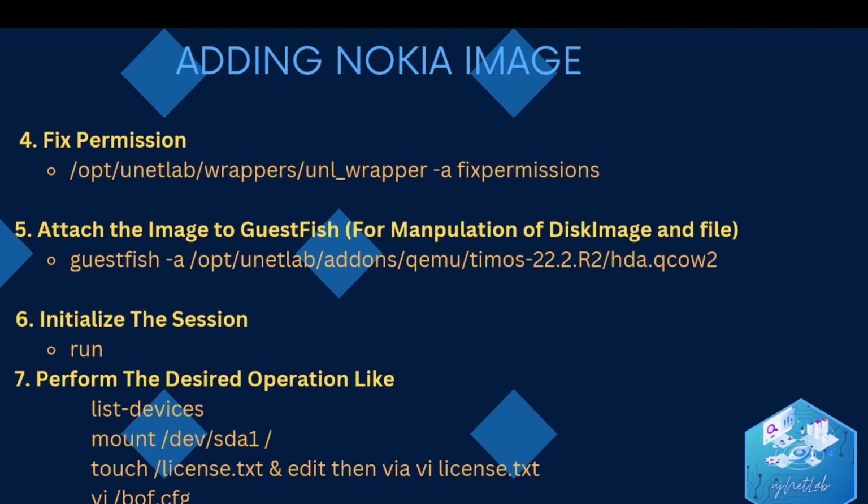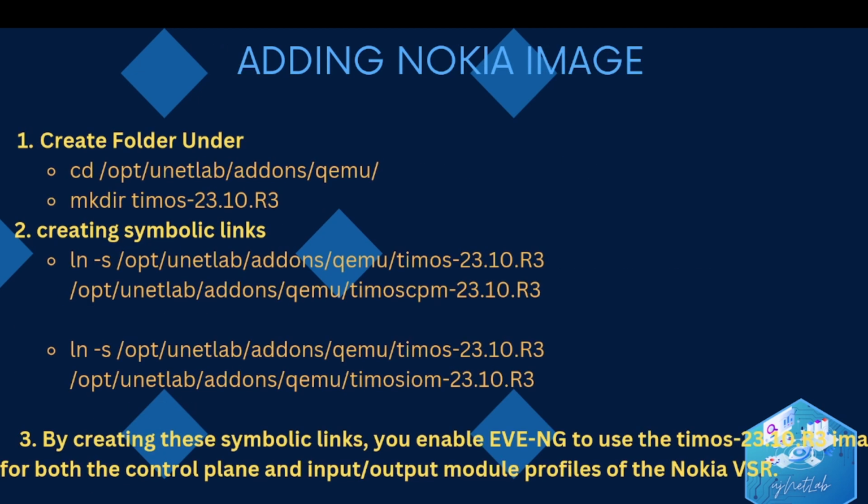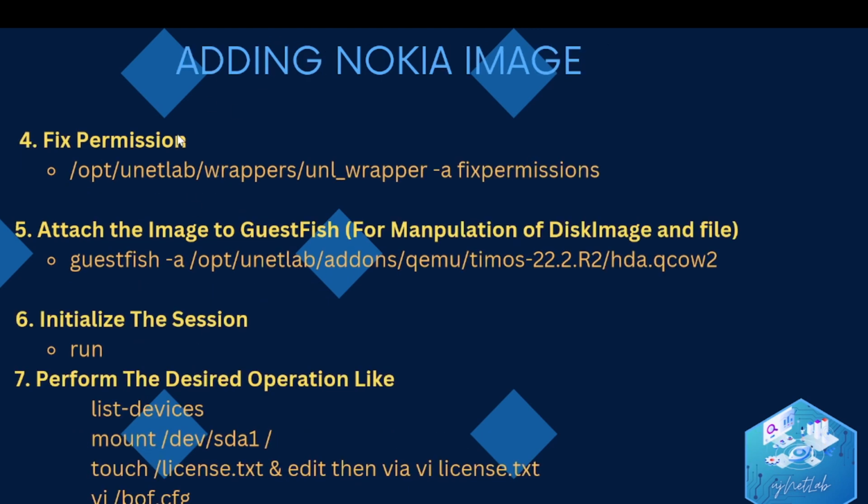So, once you create the symbolic link, you need to fix the permissions. Then there is guestfish, which is used for updating or manipulating the disk image and files, and then you will initialize the session.